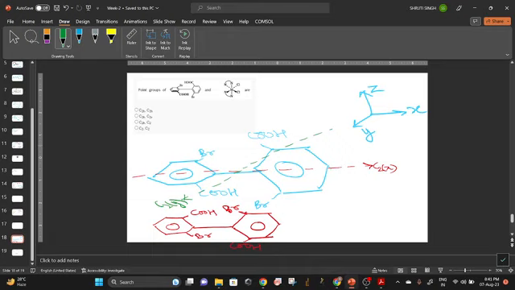The rings will change places, and for this one it will be an out of plane rotation. This will go here, this will go here. The rings, the sides will change, and so the substituents will change their places. Like if I change, Br will come here, here COOH will go.